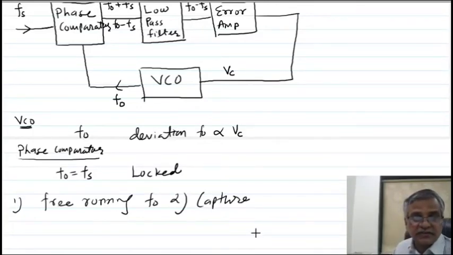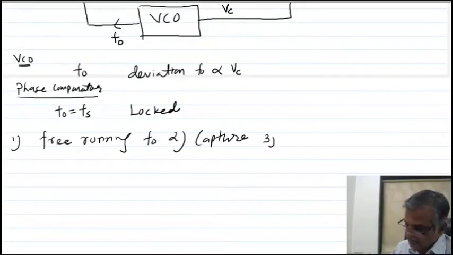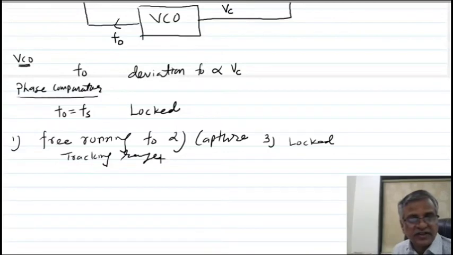When the frequency of the VCO starts to change, it means the input signal is in the capture range. Third, it is locked, or you can say it is in a tracking range.